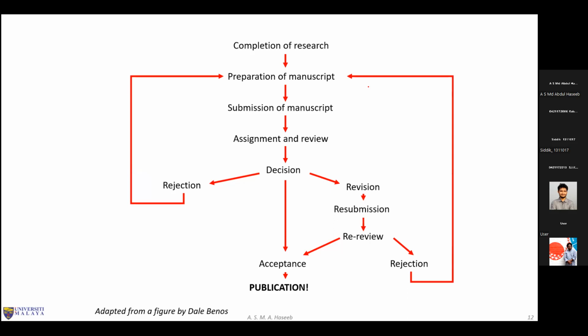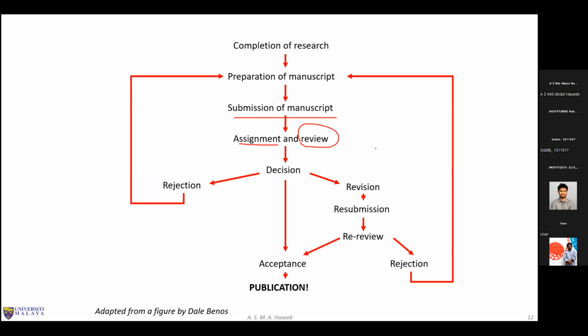Once you have submitted your paper to a particular journal, this is the typical process that it will go through. You have submitted your manuscript and it will go to the editor. The editor will assign the manuscript to reviewers, and a reviewer will do the review.